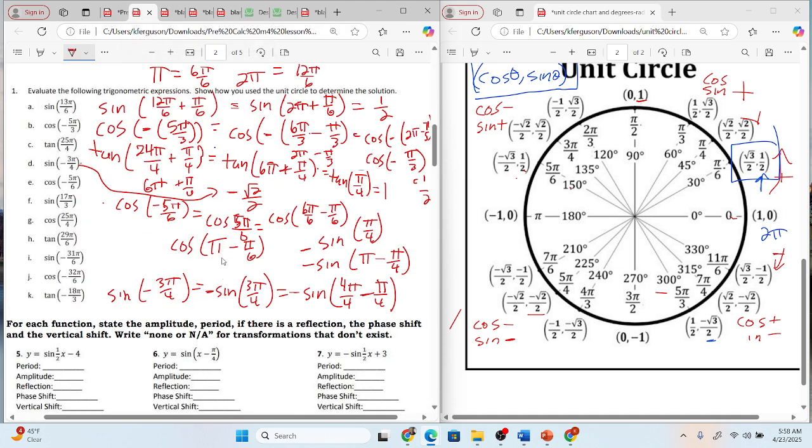So that's going to be negative pi over 6. No, pi over 6, sorry, 30. So that's going to be negative cosine, right? So that's going to be a negative square root of 3 over 2.